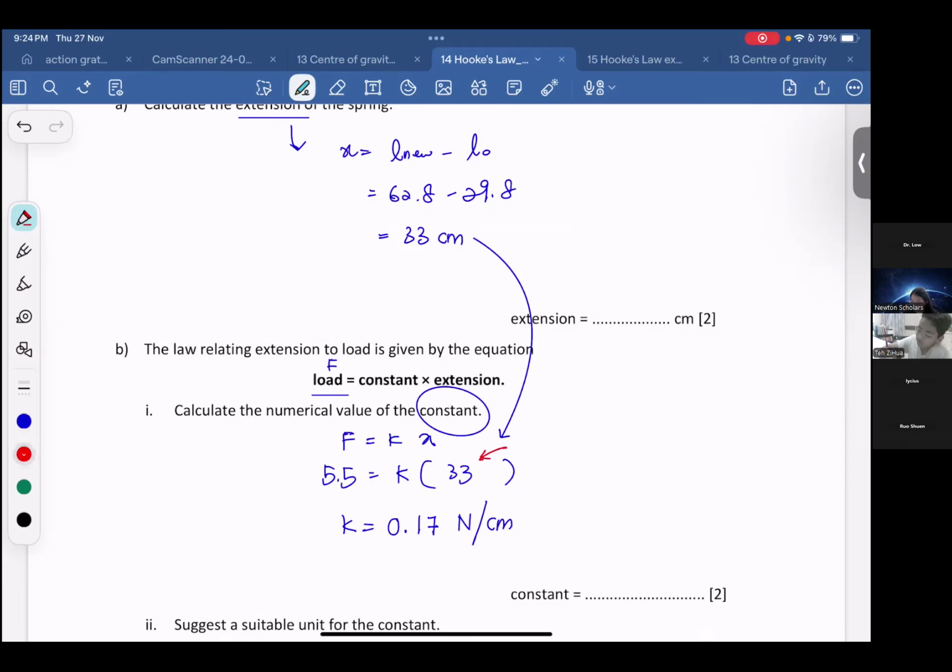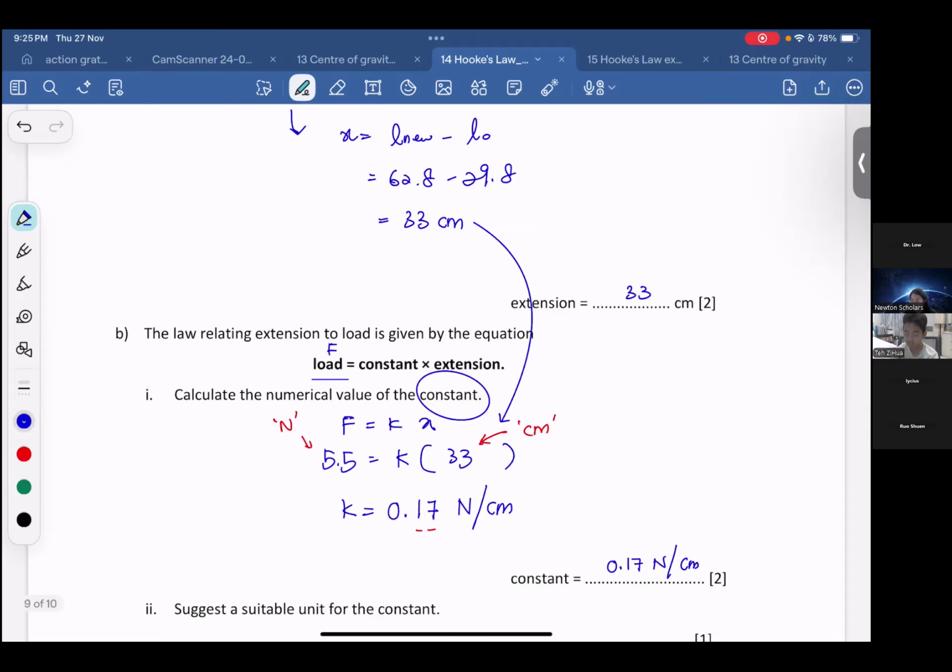Make sure it's correct, because this 33 is in cm and this is in Newton. Okay, two significant figures, 0.17. If three significant figures, your answer can be 0.167. So here 0.17 Newton per cm, and this one is 33 cm.